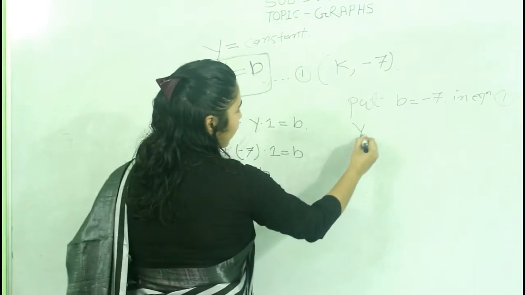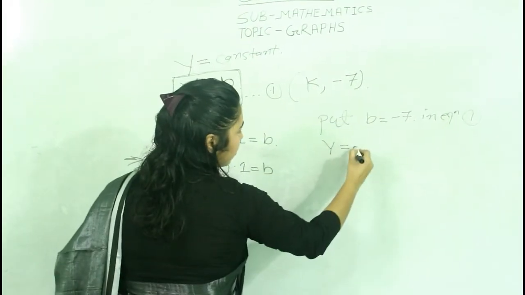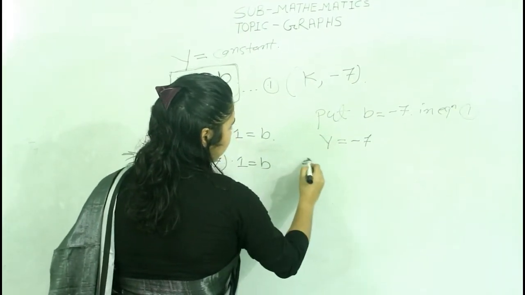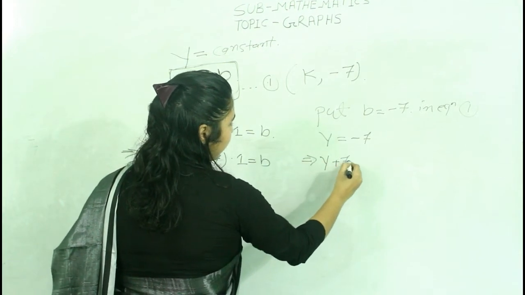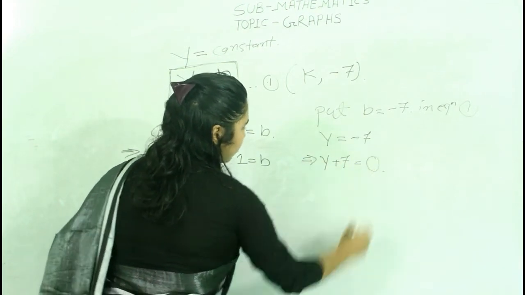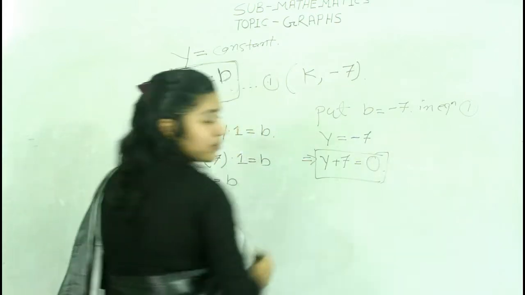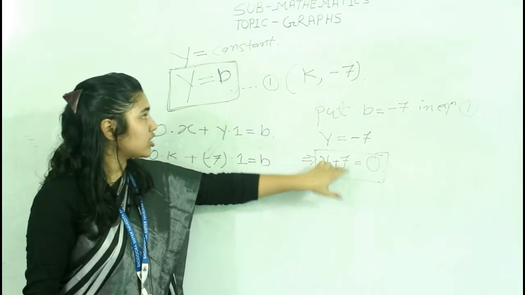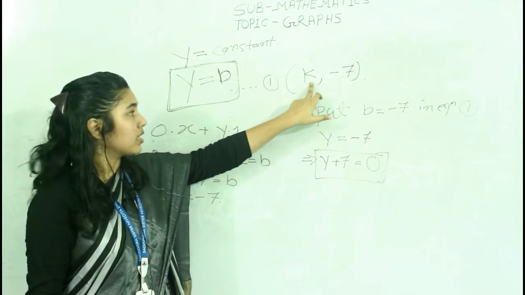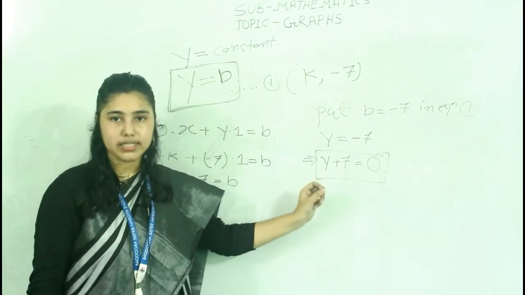So y equals b, the value of b is minus 7. So take this 7 this side, that means y plus 7 is equal to 0. So this is our equation of the straight line which passes through this point (k, minus 7) and is also parallel to the x axis.